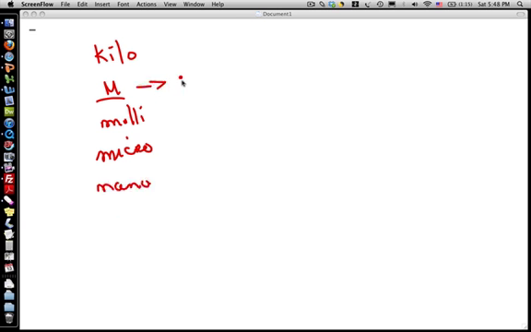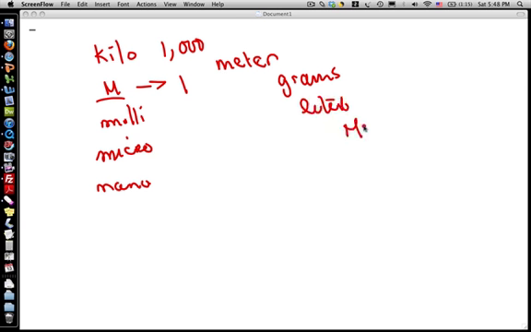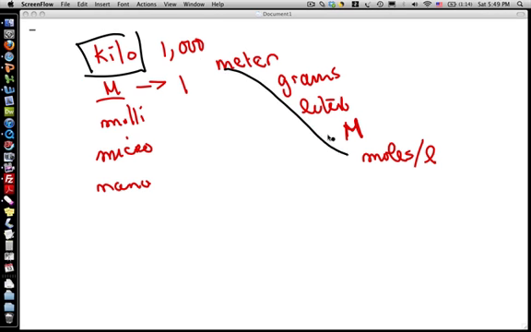A kilo is 1,000, and it could be meters, grams, liters, or molar, or moles per liter. These last two units might be the most confusing, but we're just working right now with prefixes, and it doesn't matter what the base unit is.